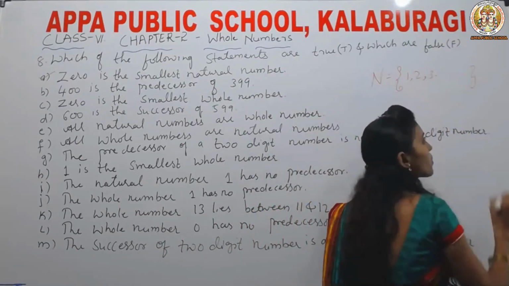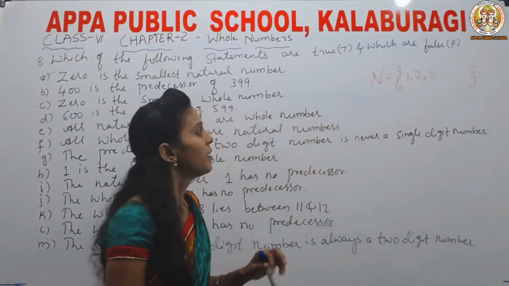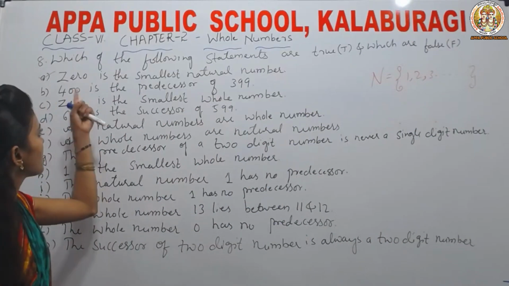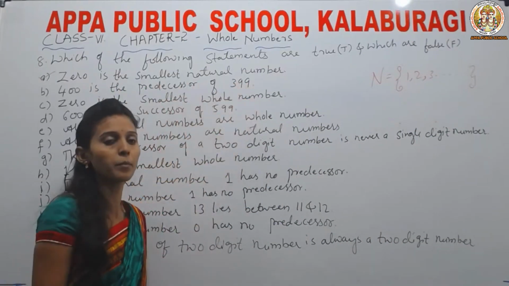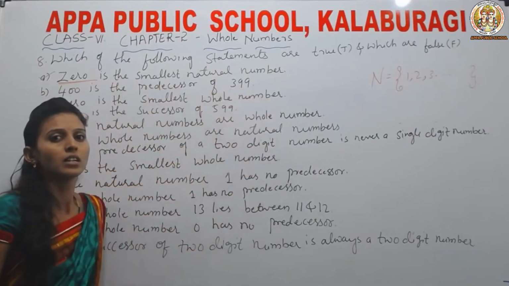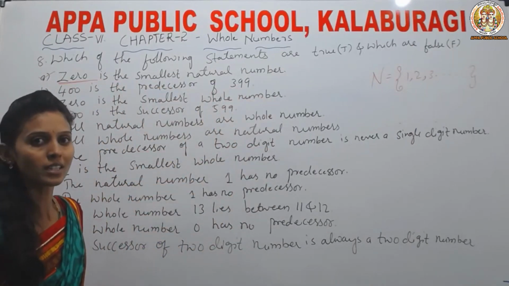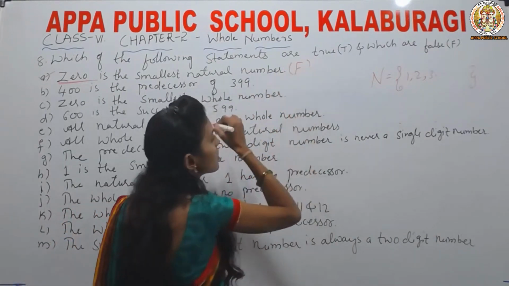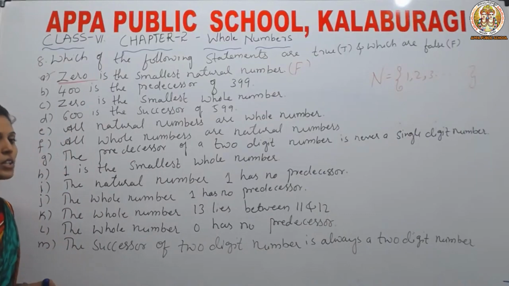All the counting numbers. Counting numbers start from 1. There we don't have 0, right? But here the statement says 0 is the smallest natural number. No, right? When it is wrong, obviously it is false.